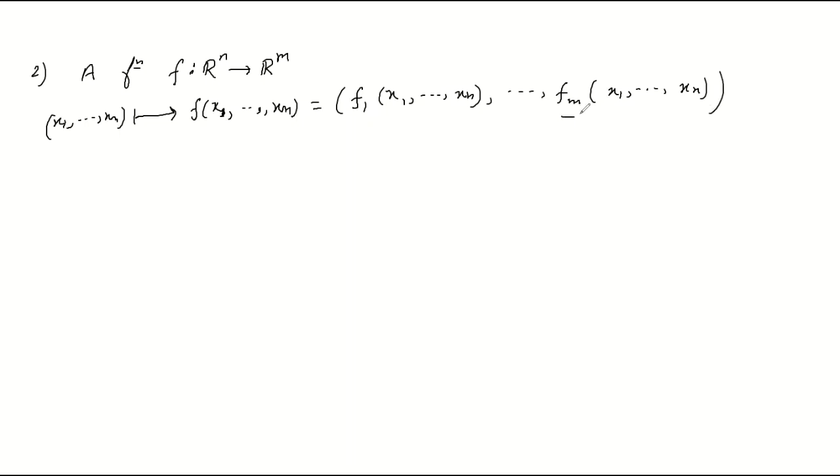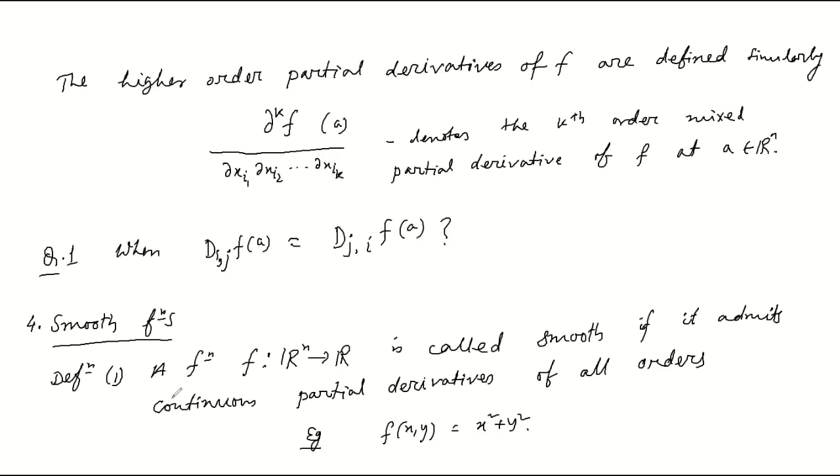So these are f1 and so on fm. So a function f from Rn into Rm is called smooth if it admits continuous partial derivatives of all order on the domain Rn.